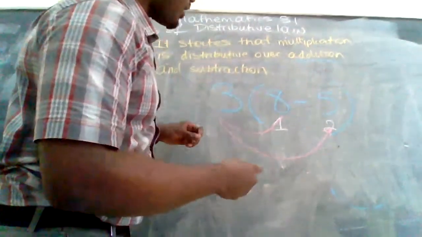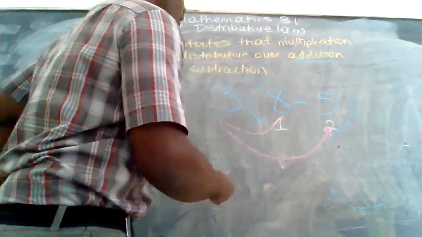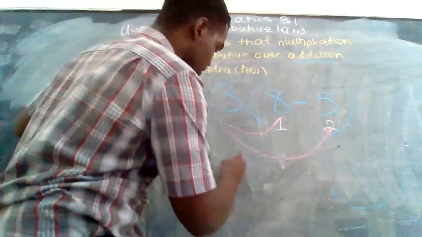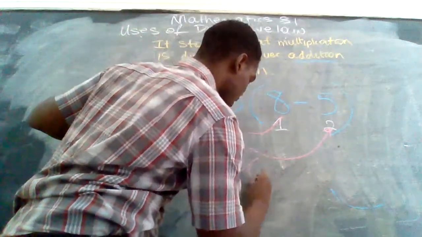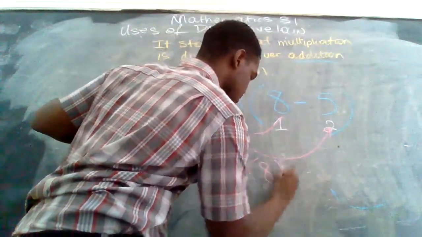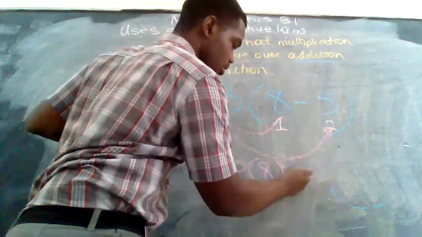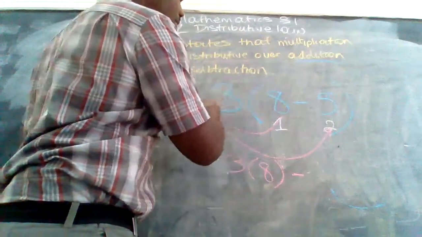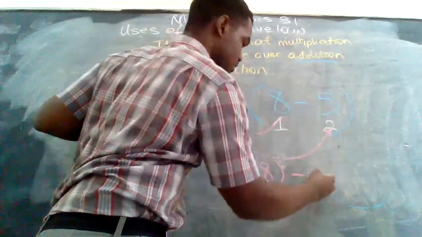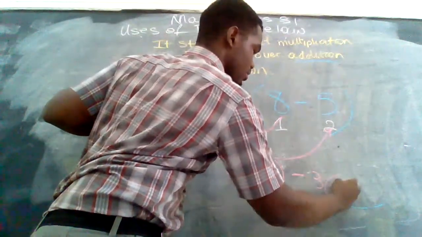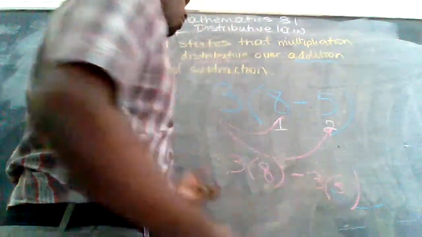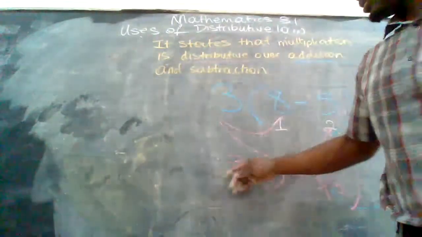So when you distribute them, they are multiplying. Alright? So let's multiply them. We're going to say 3 times 8. We keep the sign that was in the middle, which is minus, and then we say now 3 times 5. So that 3 is distributed to all terms.